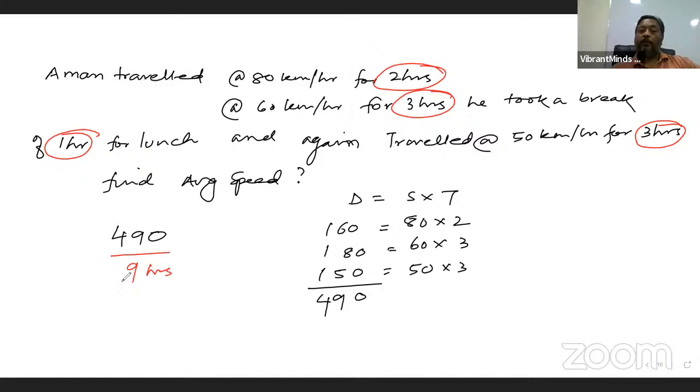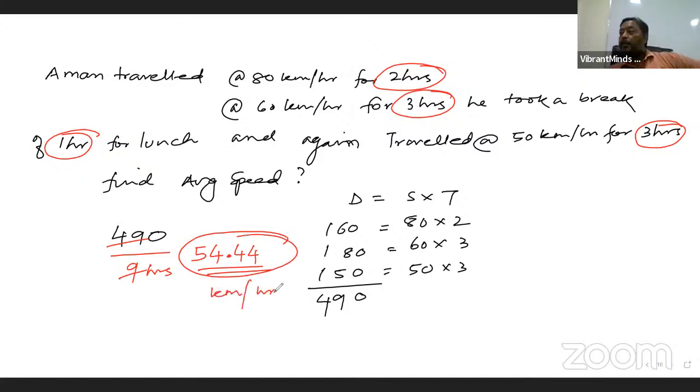Clear? 490 divided by 9 is 54.44 kilometers per hour. Is it clear?